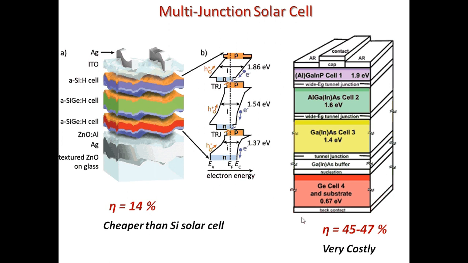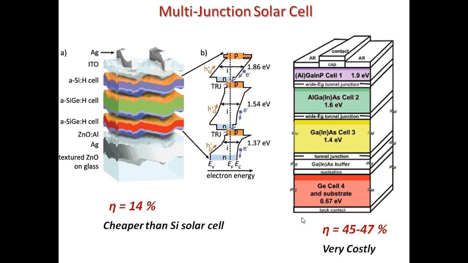It will produce enough voltage and enough current to give large power. Similarly, in a multi-junction solar cell we combine the features of a low band gap semiconductor and a high band gap semiconductor, so you combine the features of these two together to produce better voltage and better current.